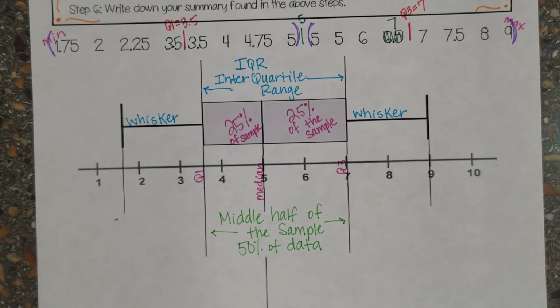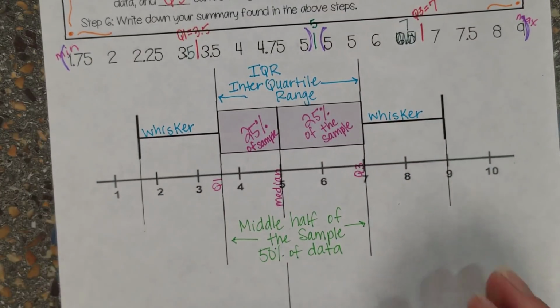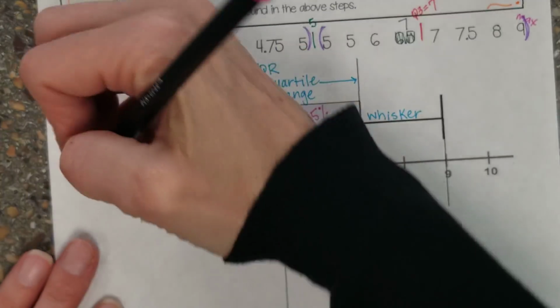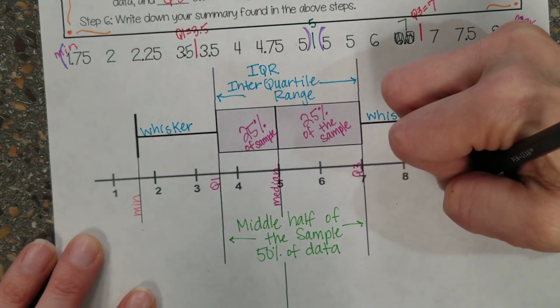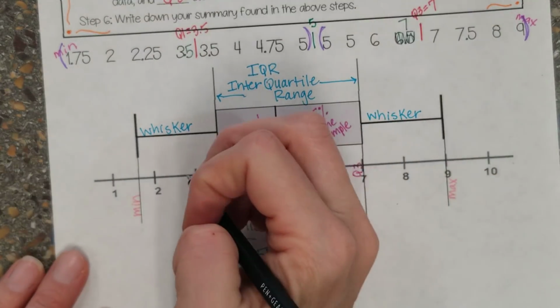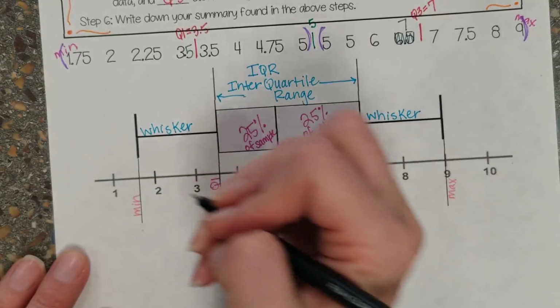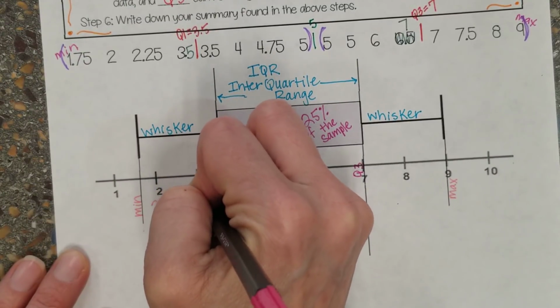Okay, so that also means that from Q3 to the edge, or from Q1 to the edge, this represents, first of all, this is the minimum right here, and this is the maximum. Okay, so from the minimum to Q1, this is another 25% of the data, or sample.